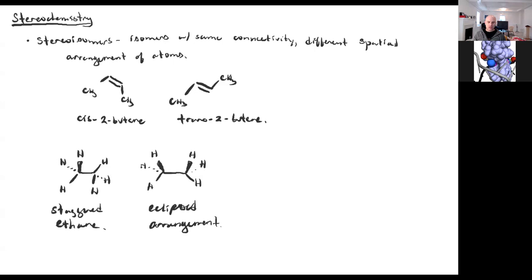And when we covered alkenes, what we said was that for cis and trans 2-butene, you can't interconvert them, at least under any mild conditions, because you have to rotate that central pi bond. And when you do that rotation, you break the 2p orbital overlap. And so those things are stuck where they are.